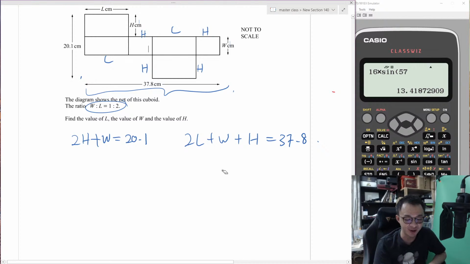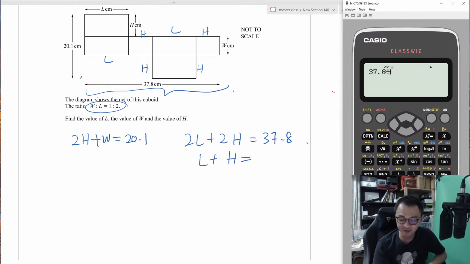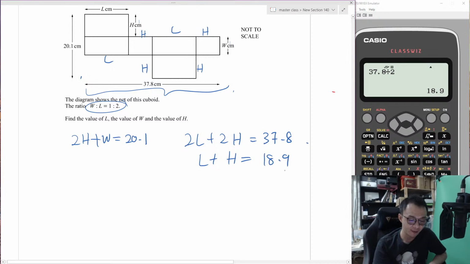Yeah, this one must be H. So sorry, 2L plus 2H equals to 37.8. Right now I divide by 2 first. L plus H will equal 37.8 divided by 2. I will get 18.9. So H is 18.9 minus L.